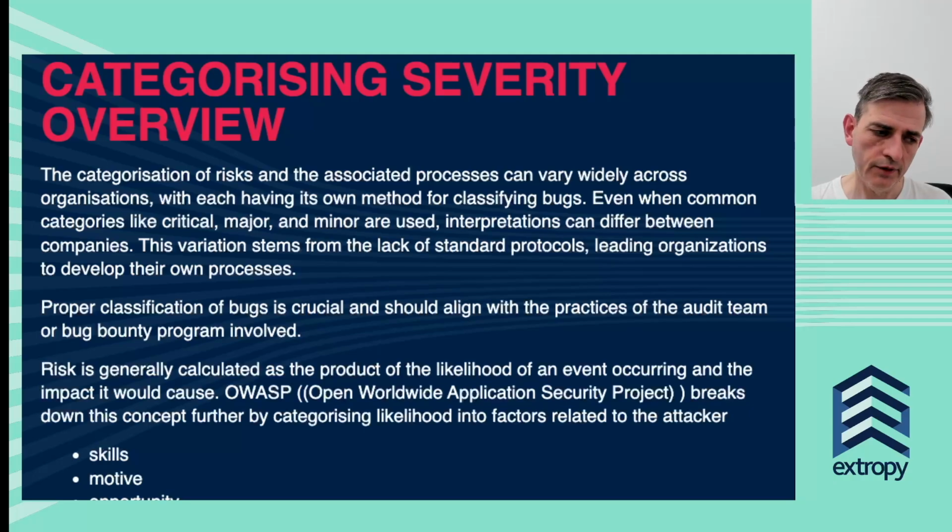If you look at different auditing companies, they will often have different categories in which they show the risk. But what I think is useful is, one, to be consistent.